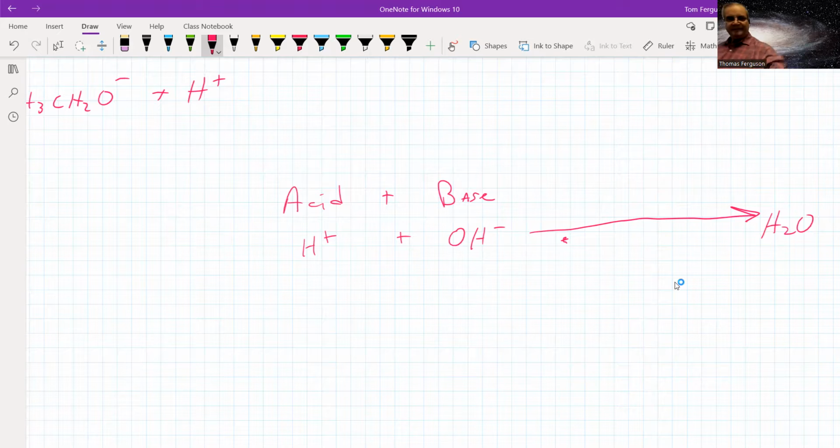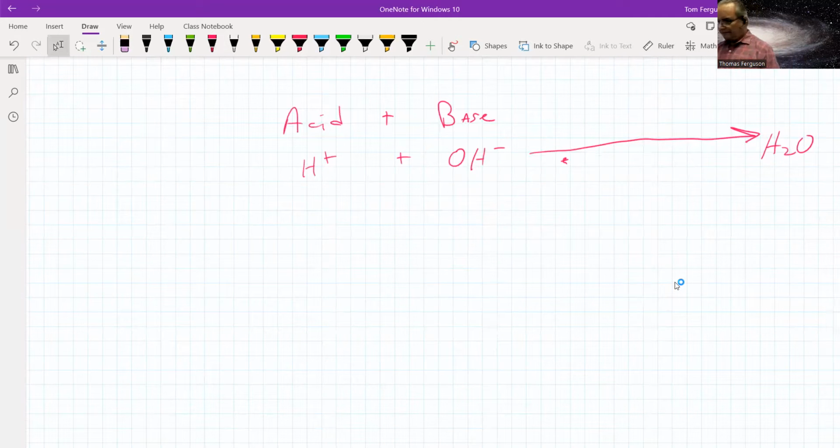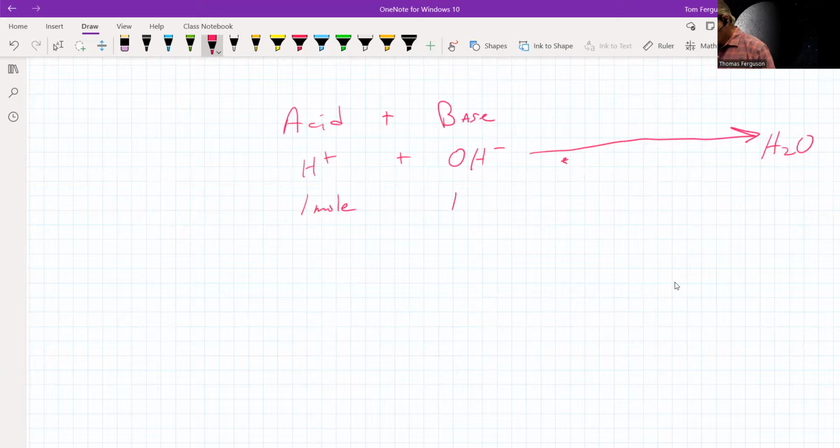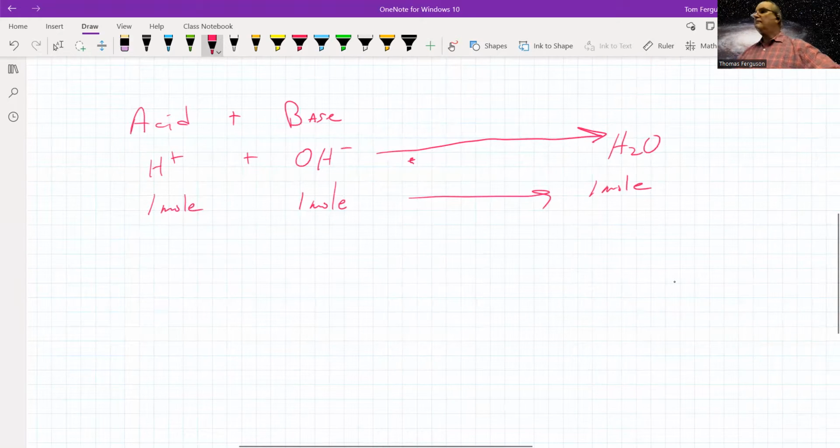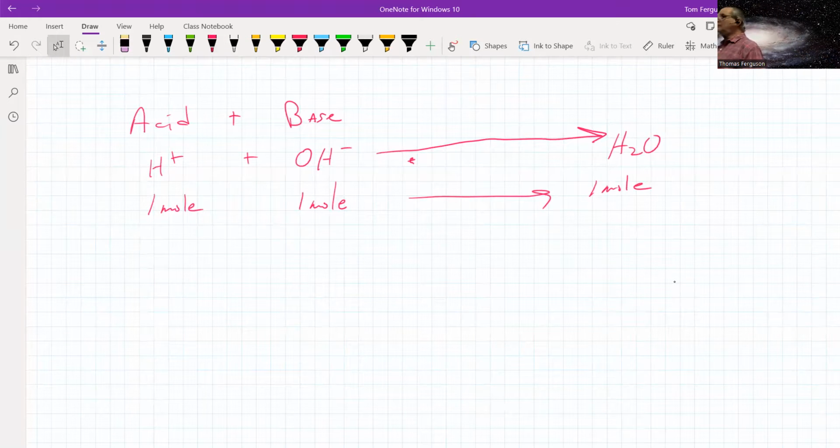Okay, so if we have 1 mole of hydrogen ions, 1 mole of hydroxyl ions, we get 1 mole of water.